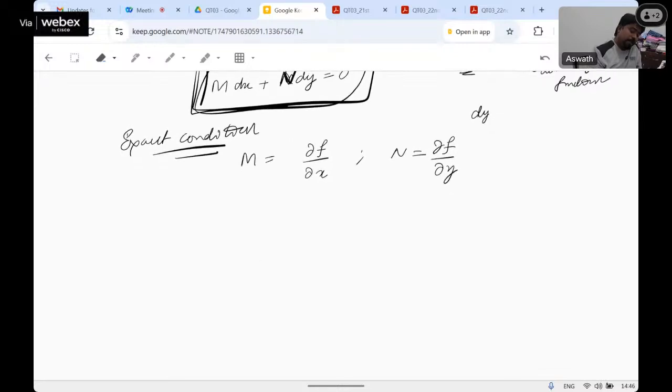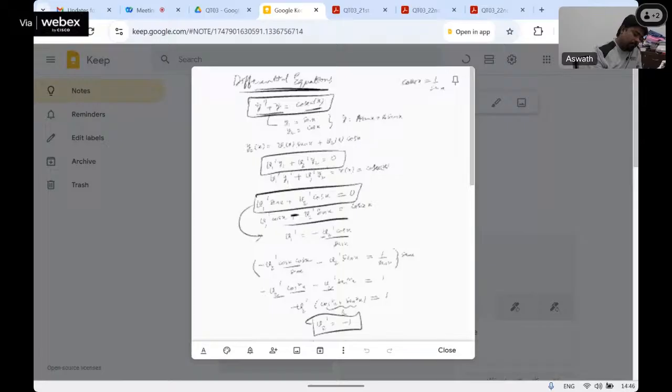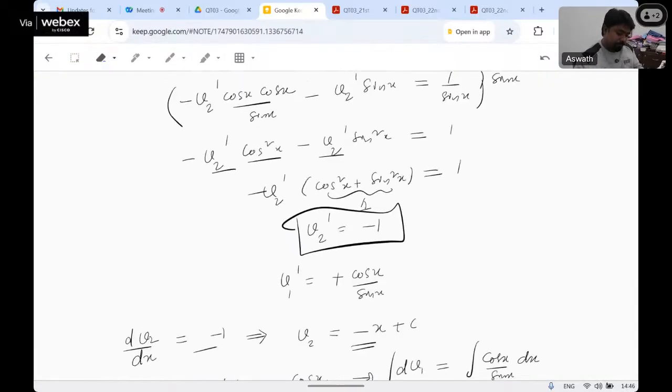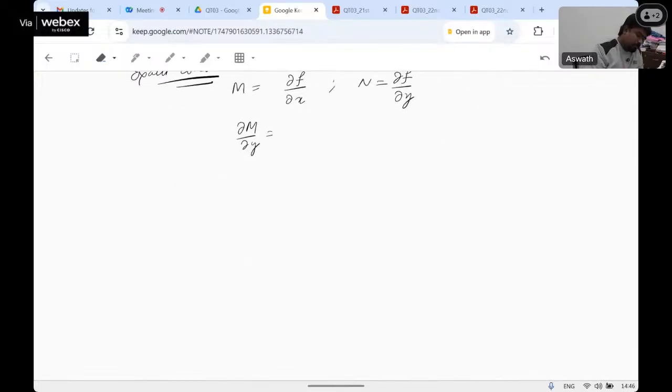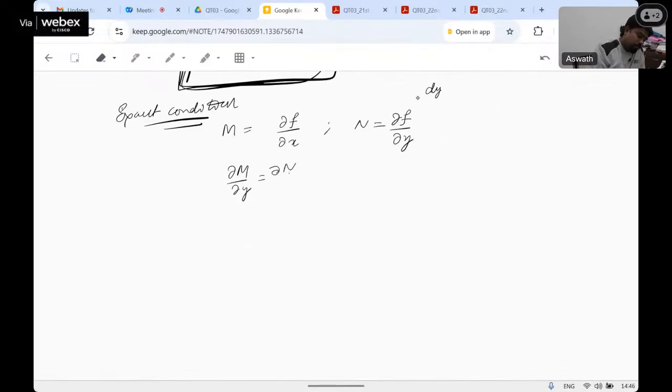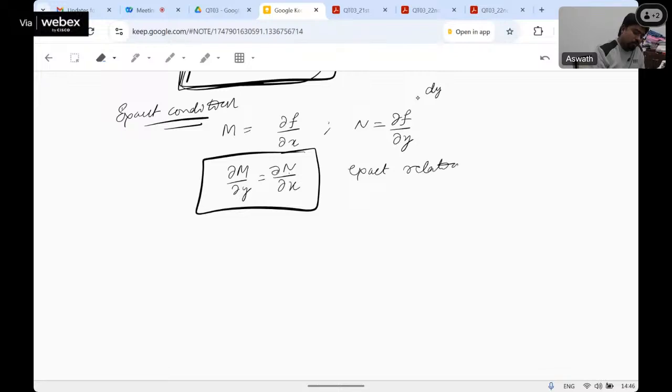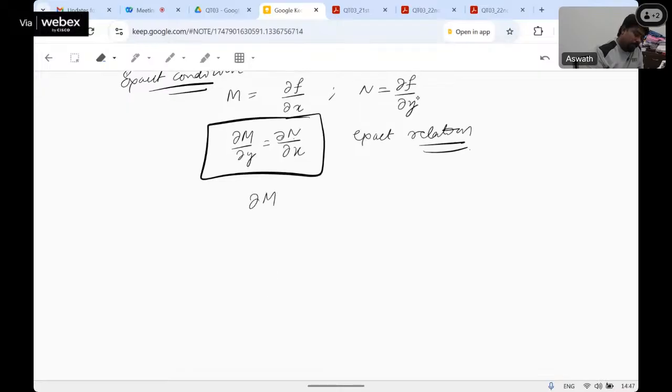So if by any means dm by dy is equal to dn by dx, if this exact relation is whole squared, then what we can show is that dm by dy dm by dx is equal to dm by dy dn by dx.